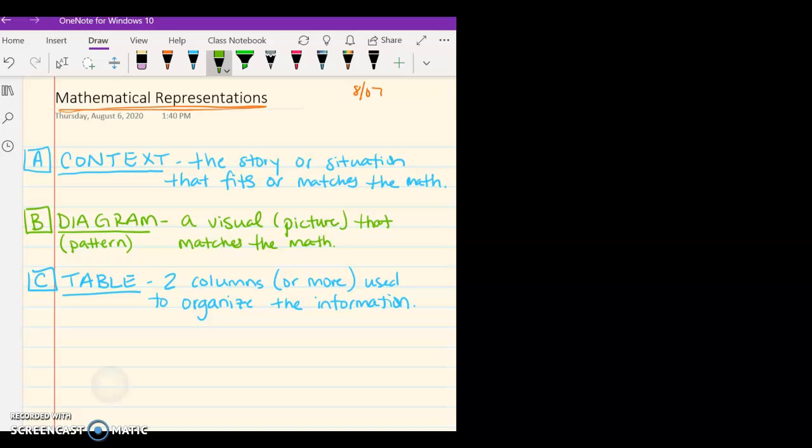And then the fourth method I'm going to give you today, and you'll get the 2 more on Monday, is a graph.